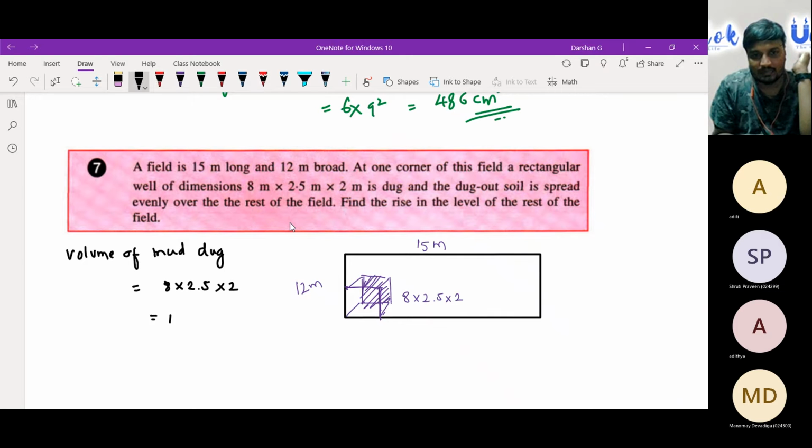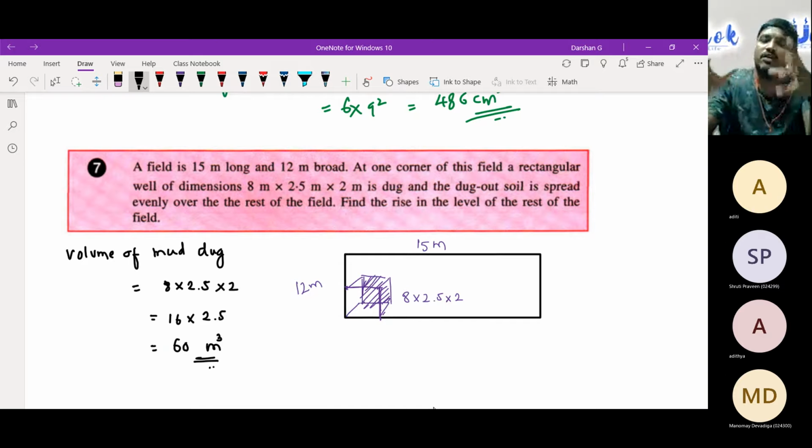So that is 16 times 2.5. Okay, let's see. When I multiply 16 into 2.5, it would be 40 meter cube. Everything is in meter. This is the volume of the mud that has been removed from this well.